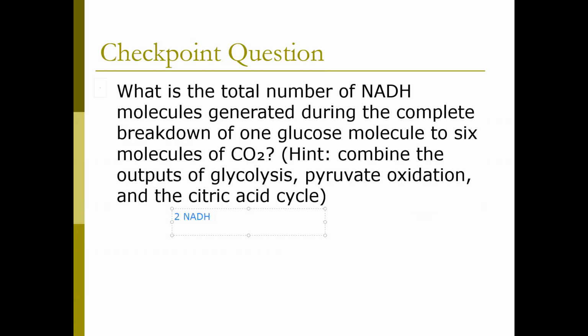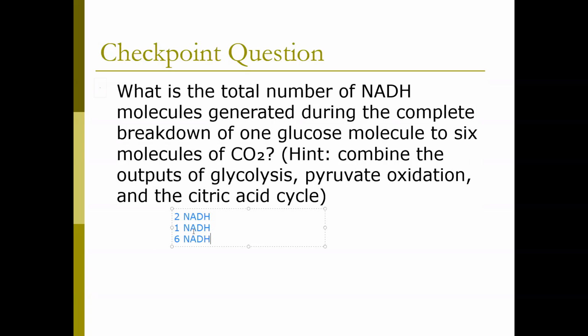How many from pyruvate oxidation? We got 1 of them. And then what about the citric acid cycle? We ended up with 6. So far we've gotten, actually I made a mistake.